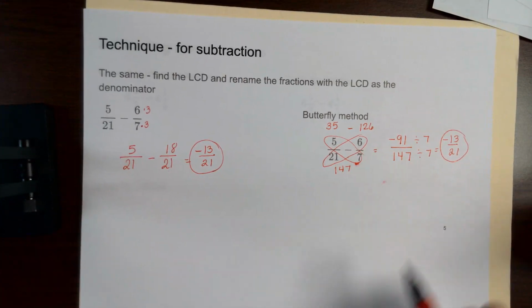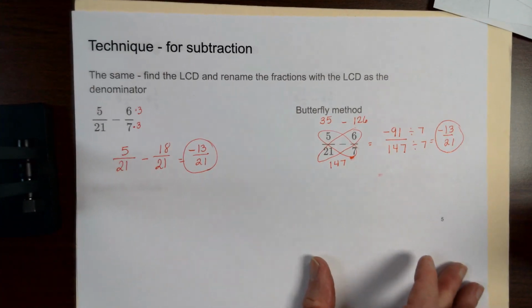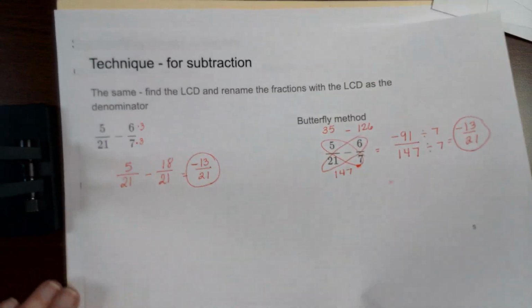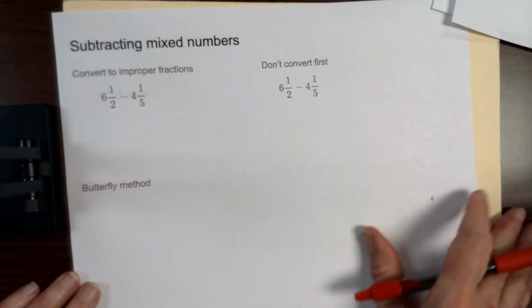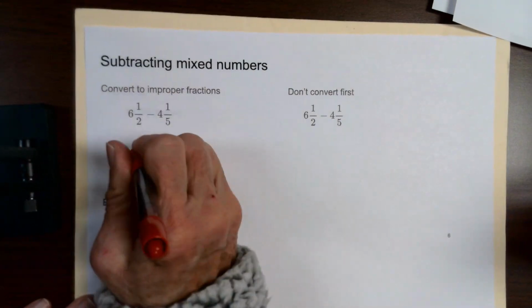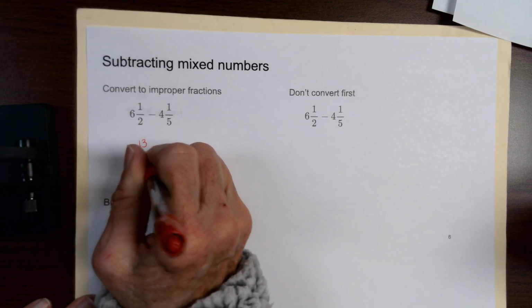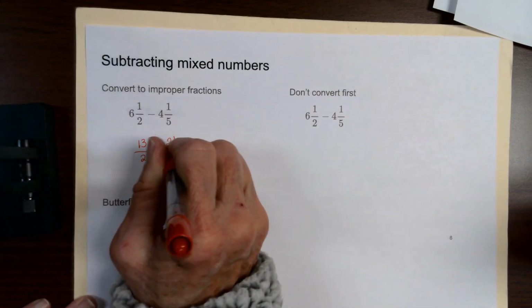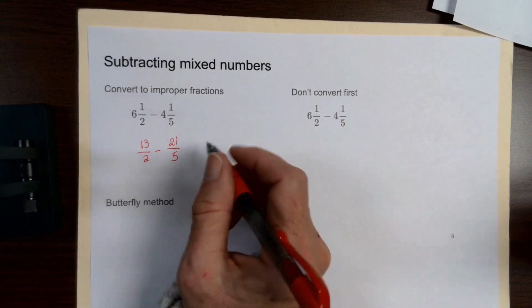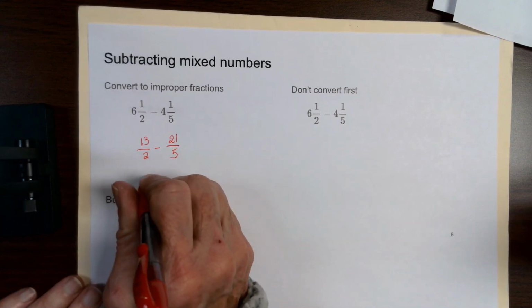Because the numbers are bigger like that, I'm not sure the butterfly method is as simple as what the regular method is. Same thing with subtracting mixed numerals. You can convert them first. So this would be a 13 over a 2 minus a 21 over 5. Okay. Common denominator here would be a 10.